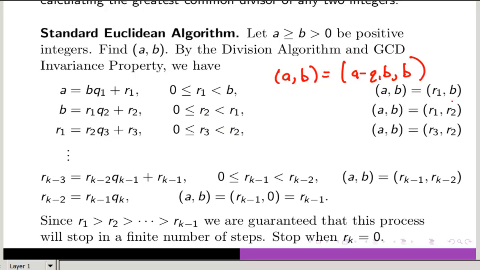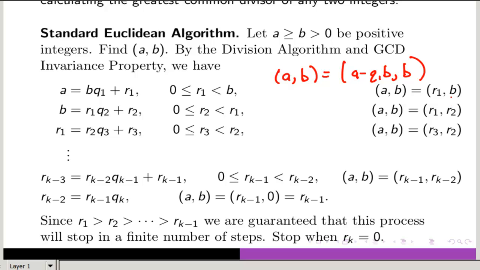And then I'll subtract that multiple of R1 from B, leaving me with a remainder of R2.